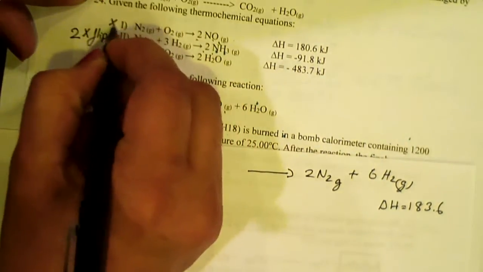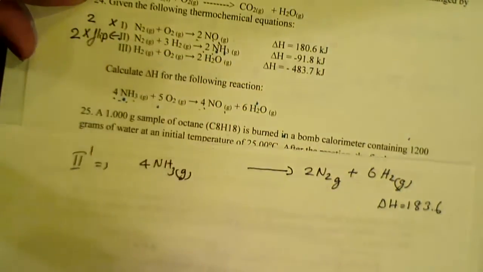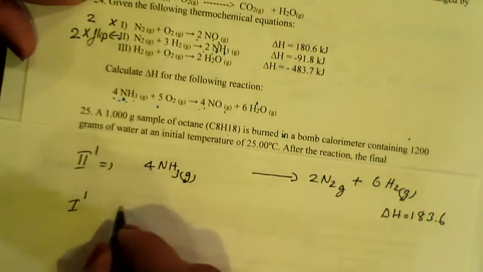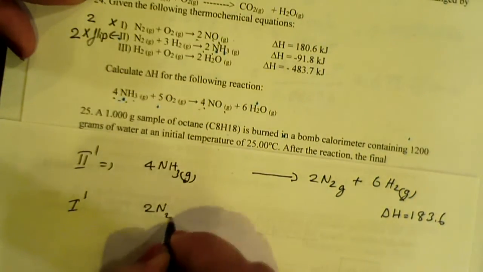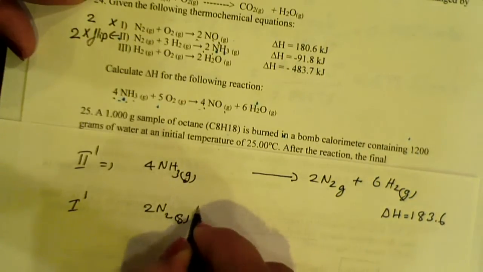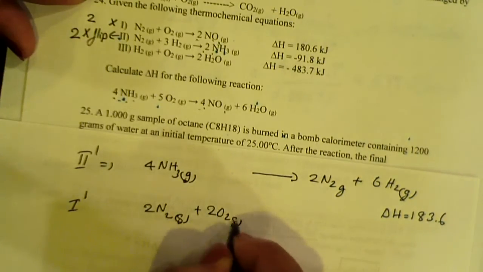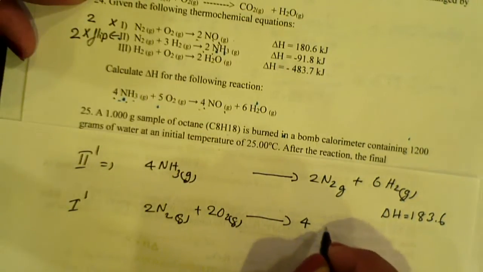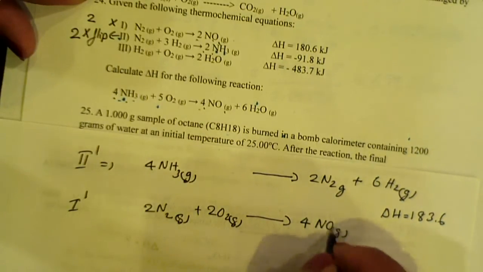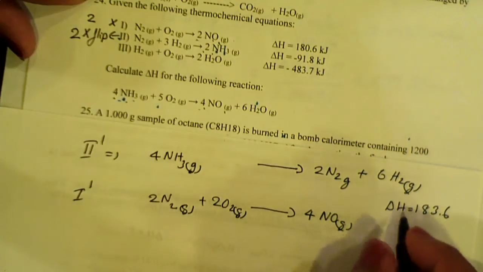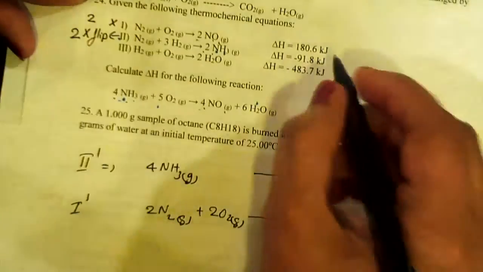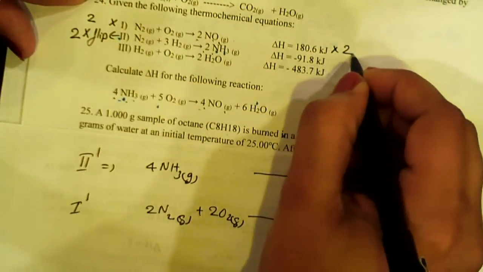Okay, and you need 4 NO on the product side, and in the given equations you have the NO. In the first equation you have NO on the product side also, so you don't have to flip it, but make sure the coefficient matches. So you have to make this equal to 4, so you have to multiply the first equation by 2.